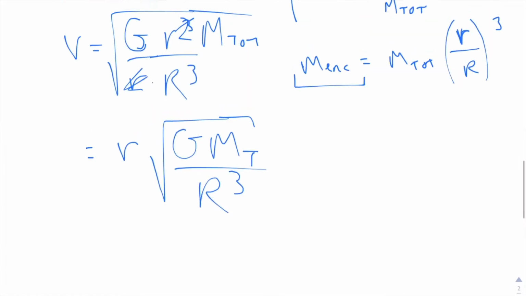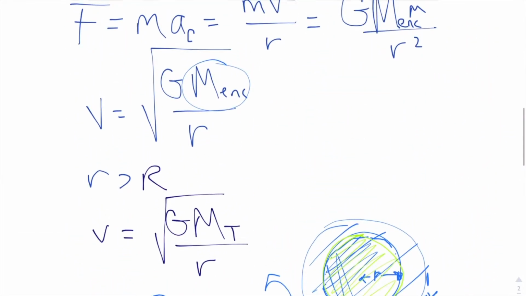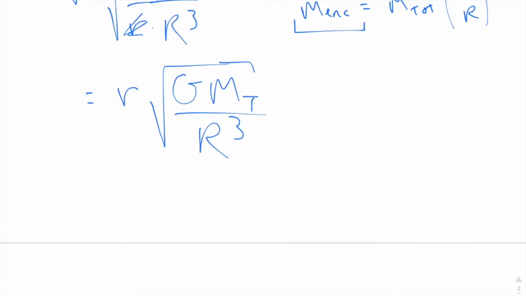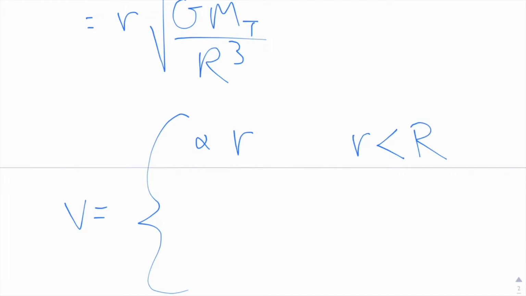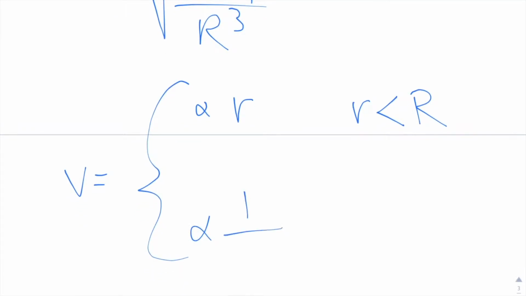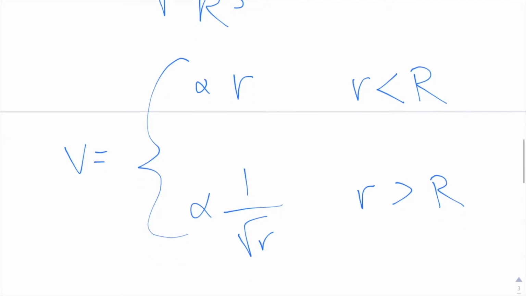So basically what we've figured out is that the velocity of an object is proportional to r for r inside the mass distribution, and it's proportional to 1 over the square root of r for r outside where the mass is distributed.